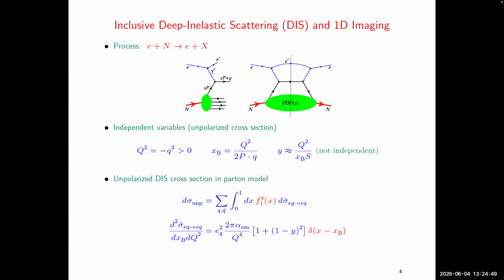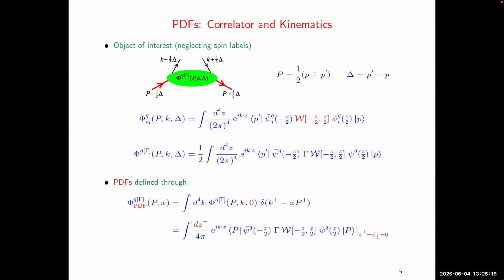Incoming nucleon, outgoing nucleon, and these two quark legs. When we talk about PDFs, TMDs, GPDs, GTMDs, we always talk about this same object. The only thing that changes is the kinematics that we use for these particles. So we will now spend more time on this guy.